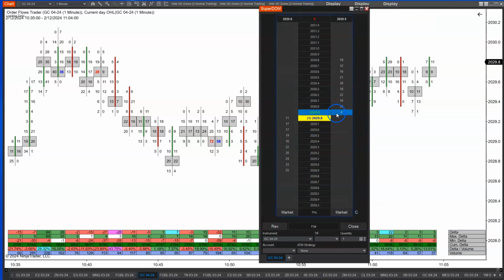Go back to your DOM. These are all passive sellers. An aggressive buyer would buy the 29.9s, the 30.0s, 30.1s. That's how the market will move higher when the offers get cleared out. Aggressive buyers are coming in and lifting this offer, then they lift the next offer and the next offer and the next offer.